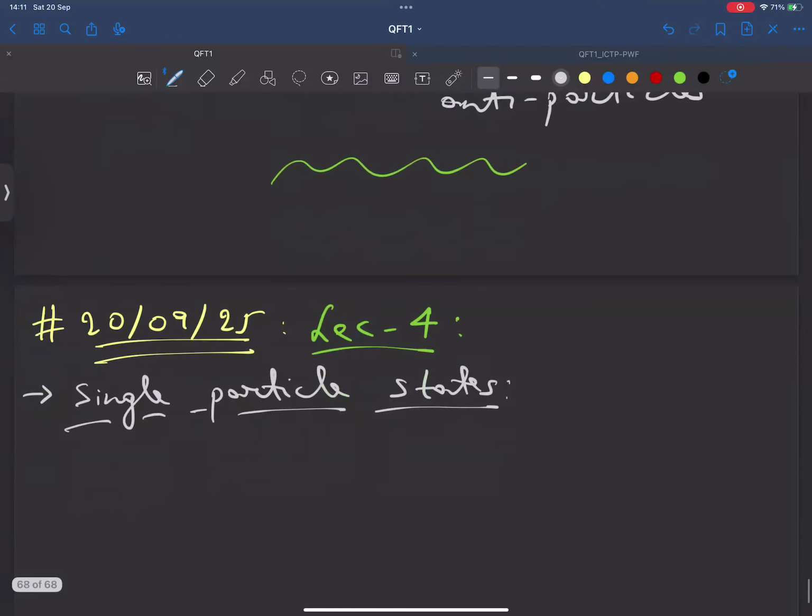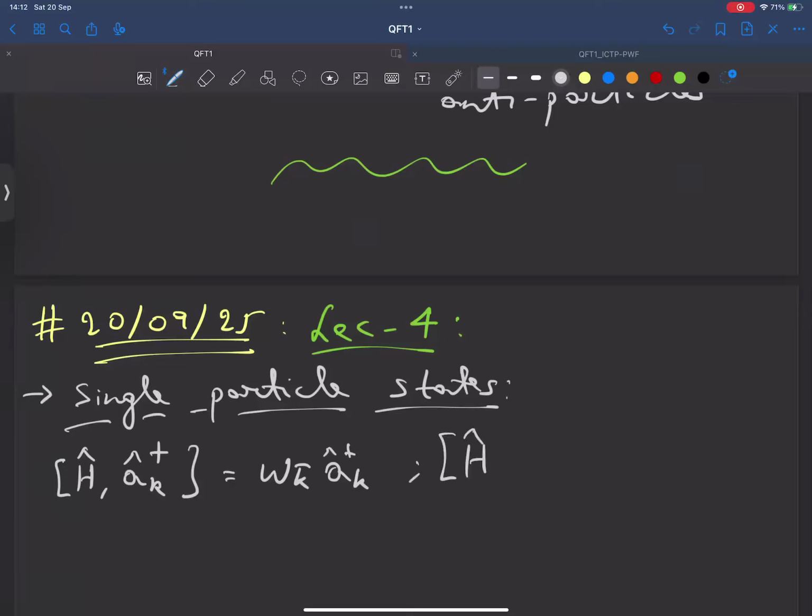We saw that if you computed the commutator of the Hamiltonian with this quantity a_k dagger, what you got was the energy of the state as just omega_k. The same holds if you compute the commutator of the Hamiltonian with b_k dagger; and with a_k, you got minus omega_k a_k.